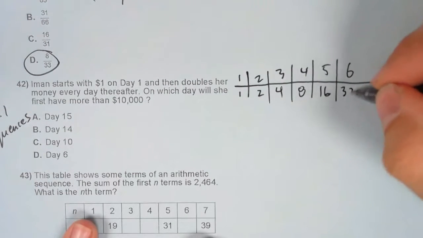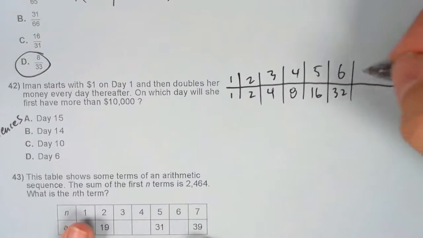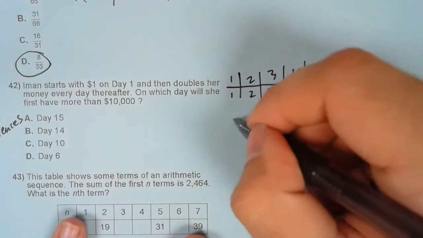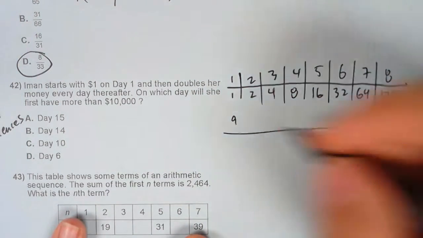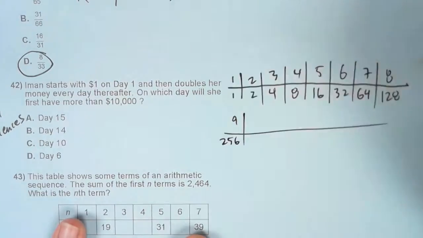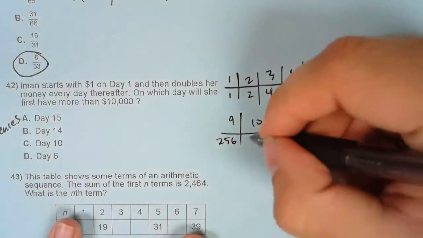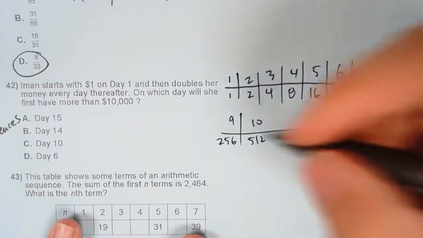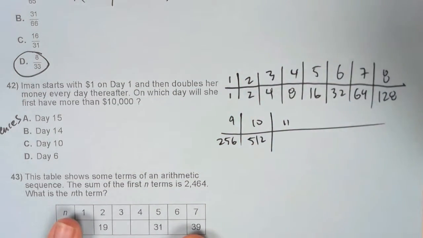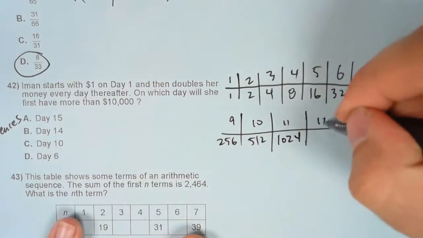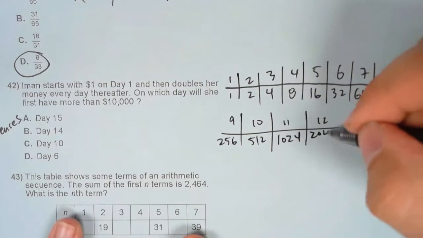Day 6 is $32. 7 is 64 bucks. 8 is 128. 9 is 128 times 2, which is 256. 10 is 512. 11 is 1024. 12 is 2048.